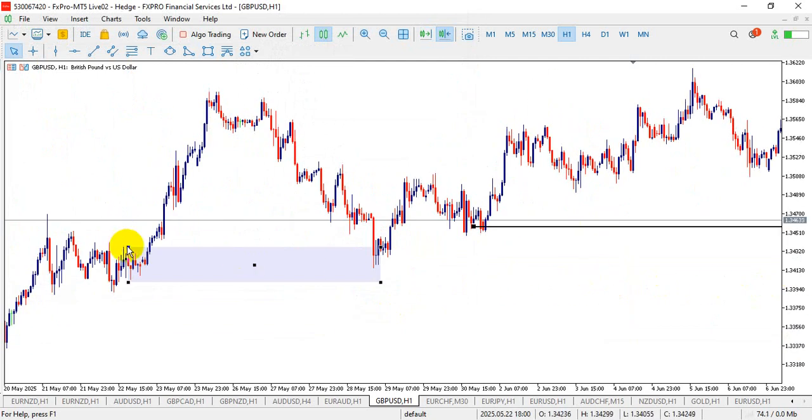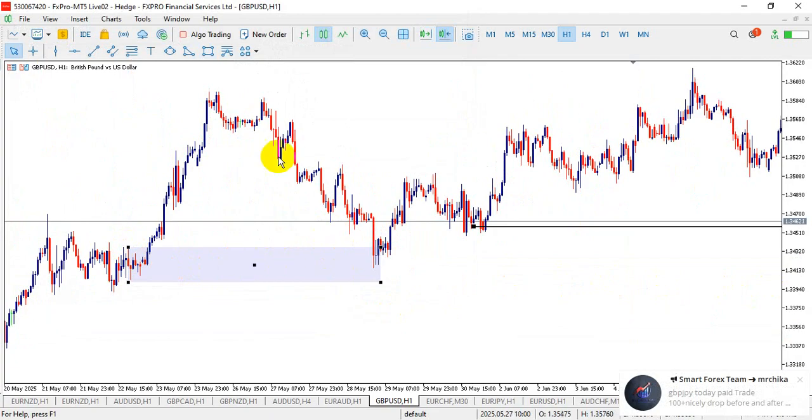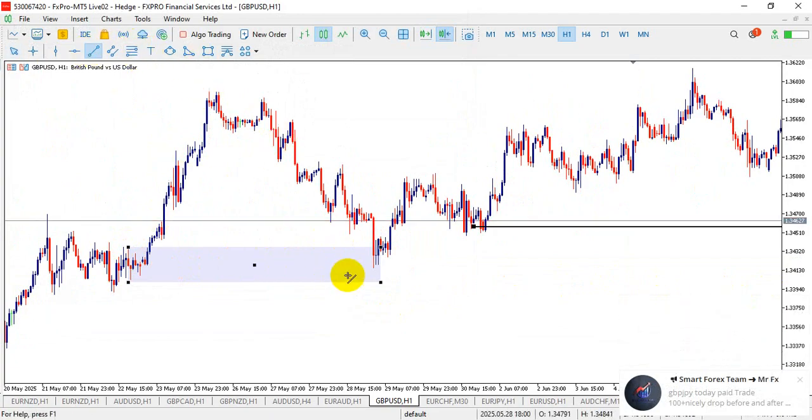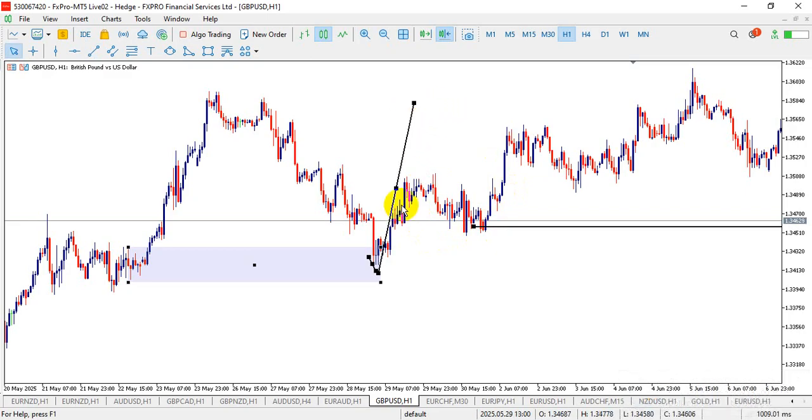Okay, so look at what we did. If you watch here, first of all, we've seen that this zone has been mitigated. You can see that price has already pushed and tested this zone. We'll see that upward move. Then having moved that, you can see that beneath it we're having another block here.